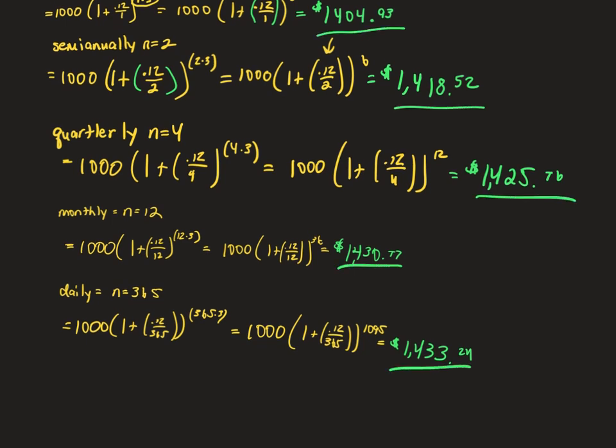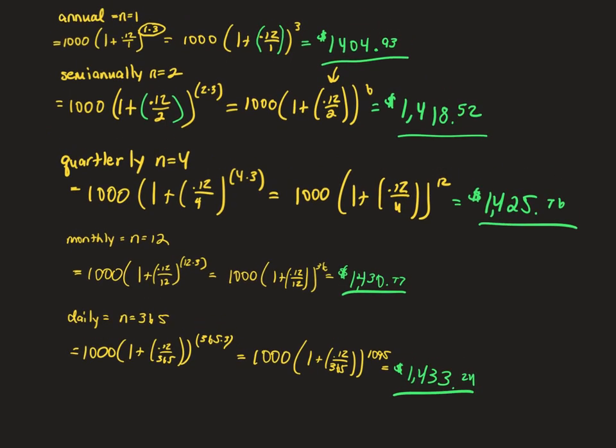What do you guys notice about all of these amounts of money, all 5 of these amounts? Are they all really, really, really far apart? Or are they all relatively close to each other? They're relatively close, okay? That's something that you guys need to be aware of, because as soon as you get an actual calculator in your hand and start plugging this in, you're going to get ginormous numbers. Like you're going to get $1,404 for annually. And then when you do quarterly, I got 17 million.